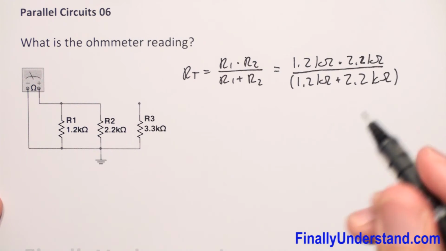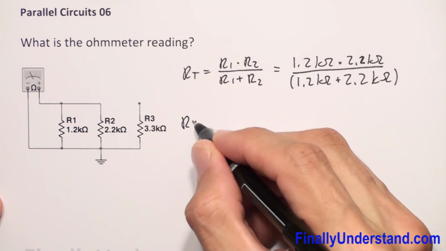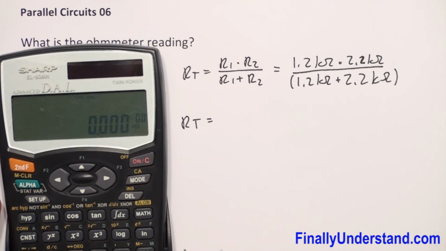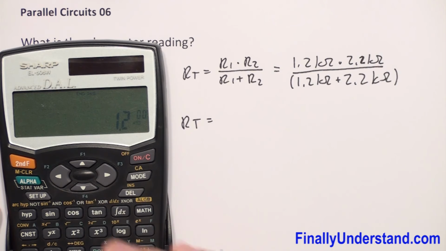Okay, so R total is equal, I'm going to use the calculator: 1.2 exponent 3 times 2.2 exponent 3 equals, divide by open parenthesis, 1.2 exp 3 plus 2.2 exp 3, close parenthesis, equals.